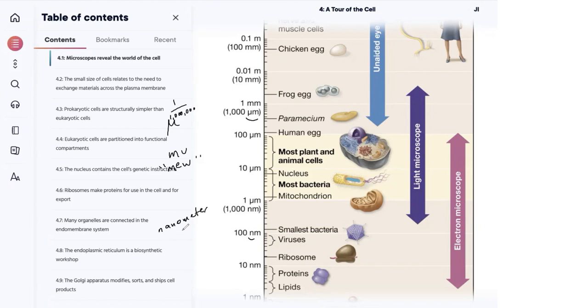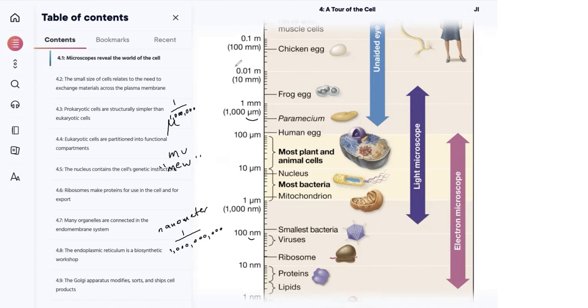And a nanometer is 1 over 1 billion, 1 over 1,000 million. So when you go from a millimeter to a micrometer, that's a 1,000-fold difference. A micrometer is 1,000 times smaller than a millimeter. Go from a micrometer to a nanometer, you're going down another 1,000-fold. There are 1,000 nanometers in a micrometer.